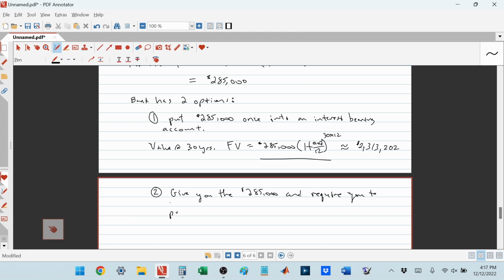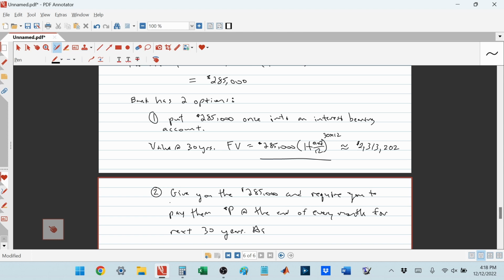Require you to pay them, and sorry for my tablet, it's messing up, but require you to pay them P dollars at the end of every month for the next 30 years.